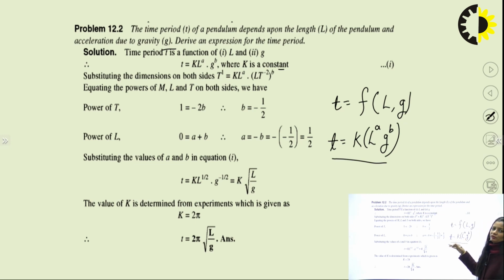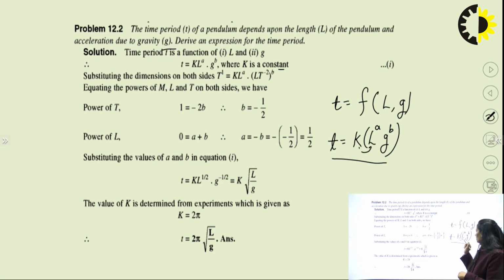We need to equate the dimensions of LHS and RHS, so substitute the dimensions on both sides. The dimension of time is simply T. K is a constant, so you do not need to consider it.